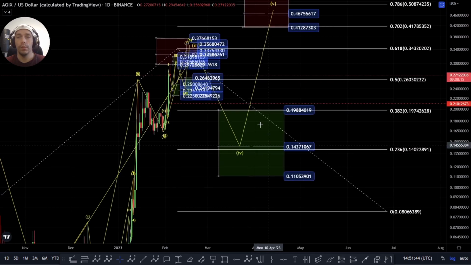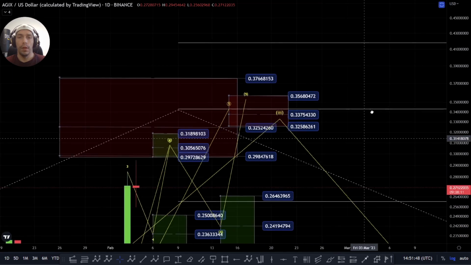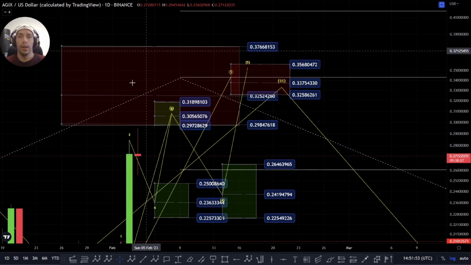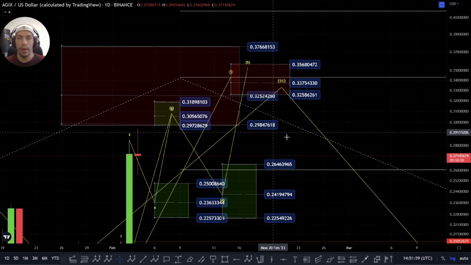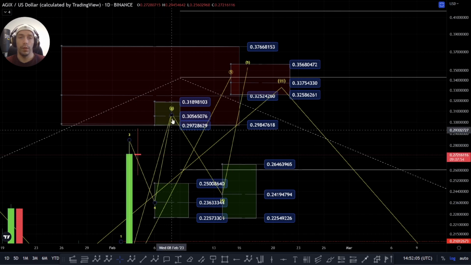And effectively, this would be much the same thing as we're looking at in the other option. We'd still be looking for this additional fourth and a fifth to the upside here, looking to take us into this zone of this 37.66 to this 29.84. So we're just sort of below that zone at the moment. I do think we're going to get a little bit more of a pullback here for this fourth and then a fifth wave up.